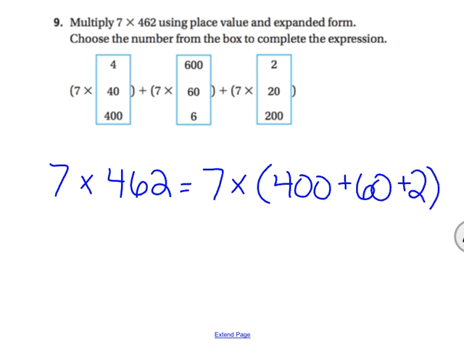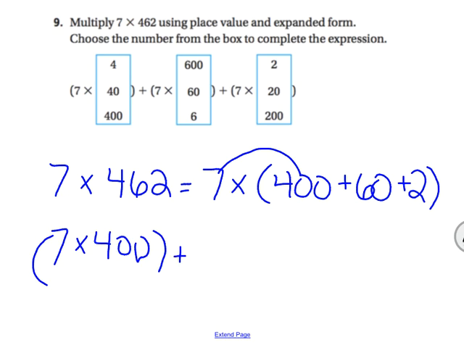Now, remember, distributive property comes from the word distribute. So what are we distributing? We actually are distributing the 7 to everything that's inside the parentheses. So I will distribute the 7 to the 400, the 7 to the 60, the 7 to the 2. How? I will do 7 times 400.